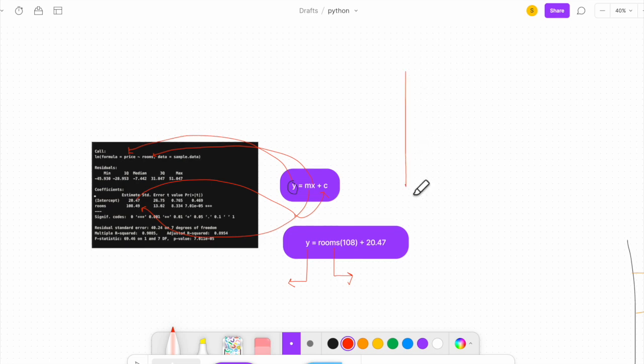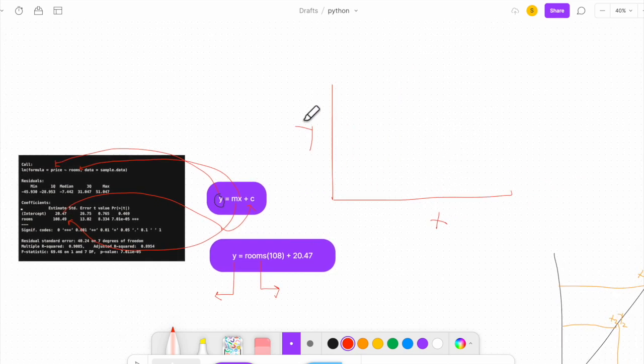This is the x-axis and this is the y-axis. Suppose there is a line. This is actually completely mathematics here. There is no rocket science involved here. It's basic 10th grade maths.